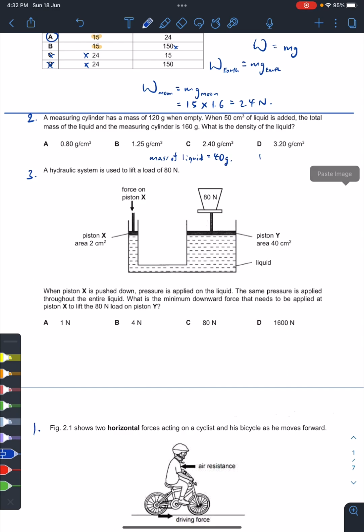If you recall, density equals mass over volume, which is 40 gram divided by 50 cm³, equal to 0.80 gram per cm³, to 2 SF. So the answer is A.